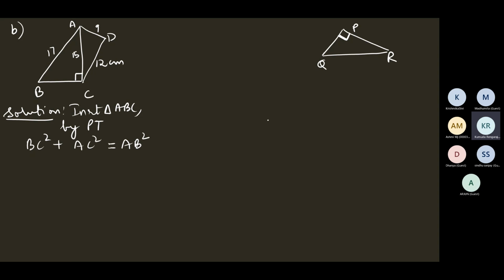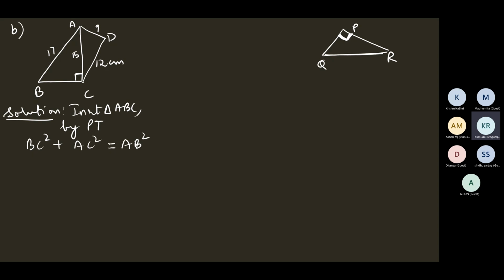QR. Okay, where is the right angle? It's at P, right? Leave that letter. QR is the hypotenuse. So the right angle is at P. Leave that letter P. QR is the hypotenuse.